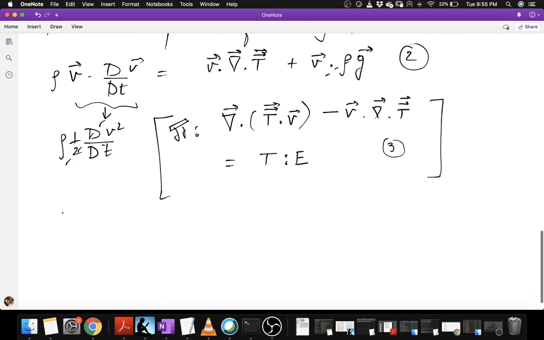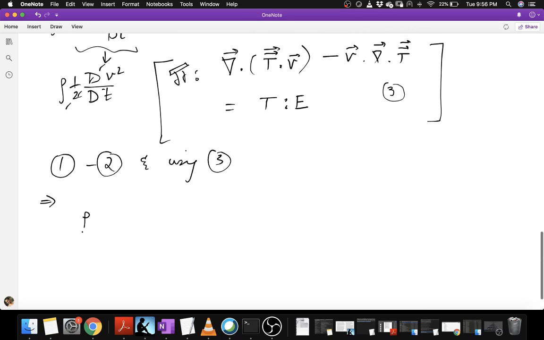So basically, by subtracting 2 from 1 and using 3, we obtain an equation entirely for the rate of change of internal energy. These are both tensors, of course. Minus the divergence of the heat flux vector.